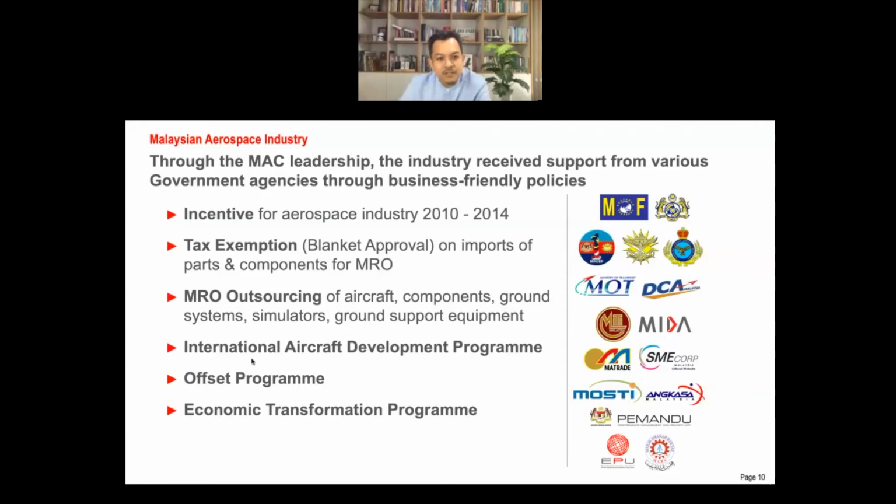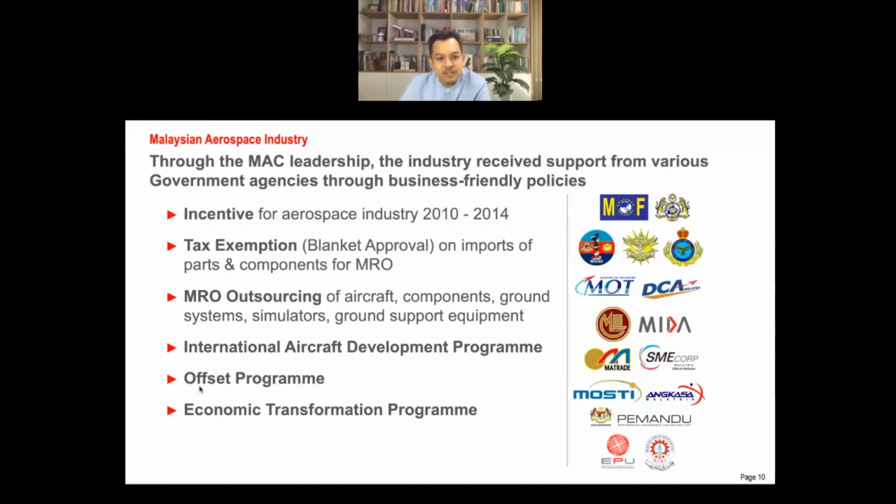Okay, and then we have a program called Offset. Any procurement by government agencies or government-linked companies worth more than 50 million ringgit requires an offset program. Nowadays it is called the Industry Collaboration Program, ICP.